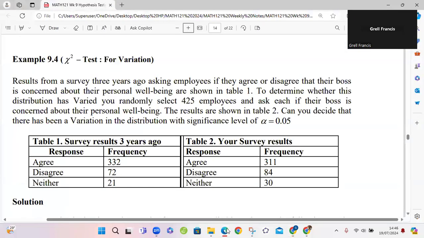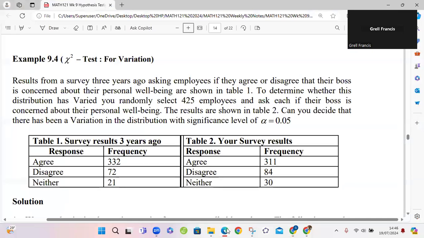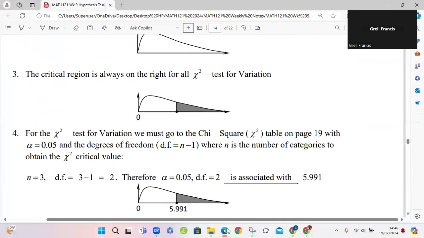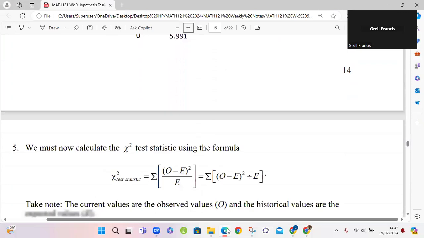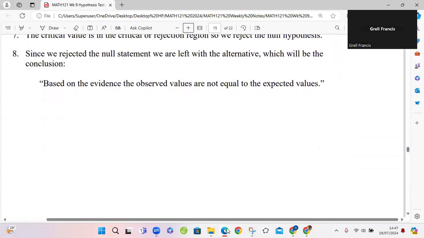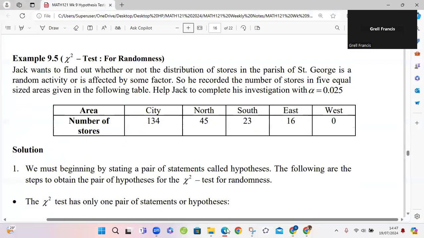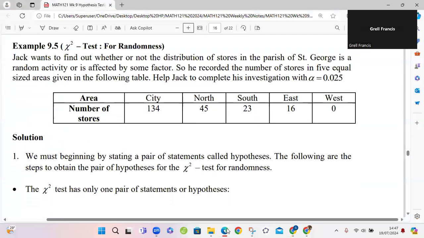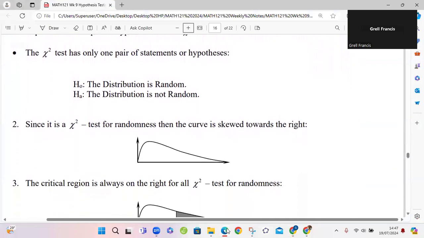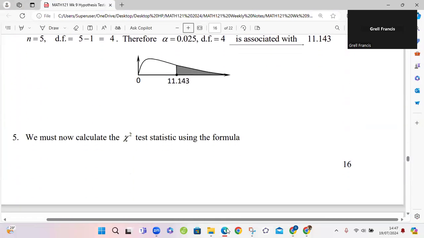And here, in example 9.4, there's an example of a chi-square test for variation. As you can see, the steps are followed very closely here. And in example 9.5, you have a chi-square test for randomness. Here you go, the steps.